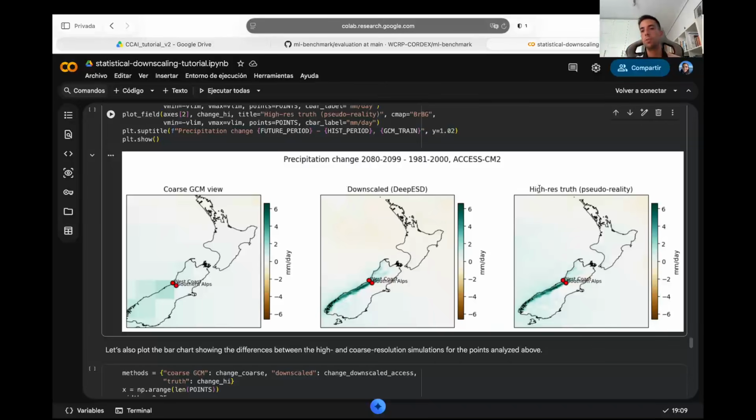Of course, if we rely on dynamical downscaling with RCMs, that is not possible because it is computationally expensive. But if we have a statistical model, a deep learning model that can downscale from all those GCMs in a small amount of time, we can get the corresponding high resolution variables from all those GCMs.